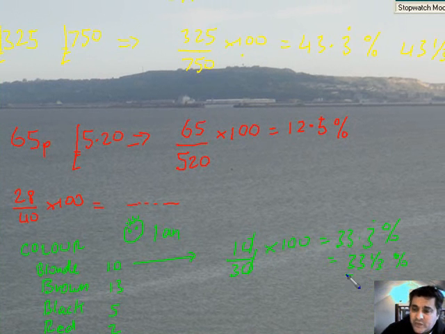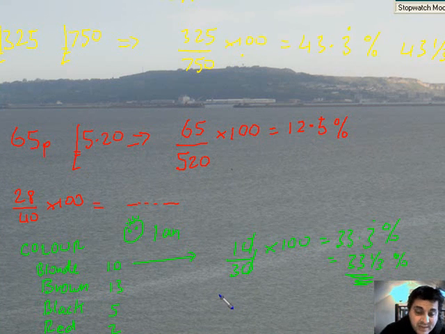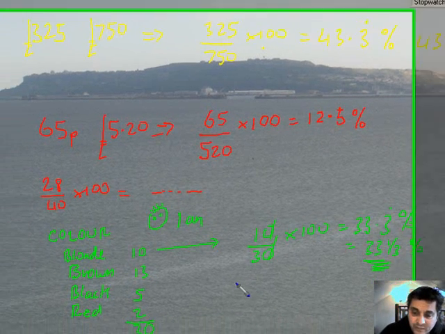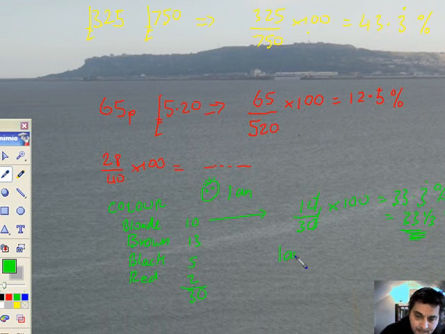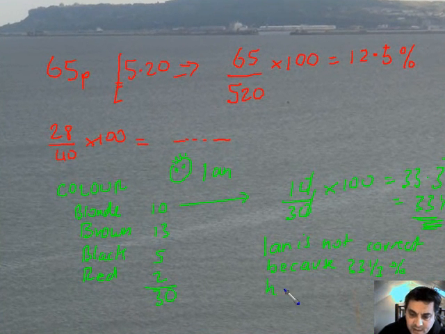No, we've just proved that it's not 10%, it's 33 and a third percent. But you have to write in the exam to communicate your final findings. Ian is not correct because 33 and a third percent have blonde hair.